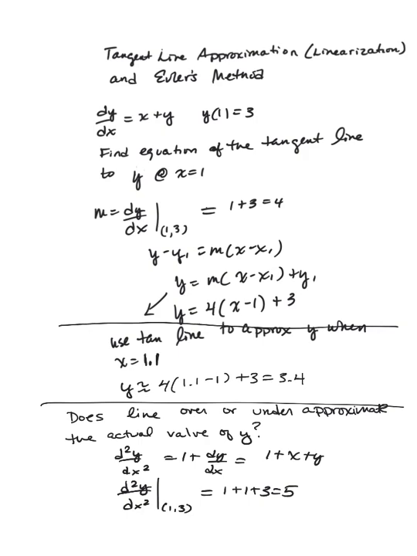Think about it: if a curve is concave up, the tangent line is going to be an under approximation. So since the second derivative is greater than 0, y is concave up at 1, and therefore the tangent line is an under approximation.